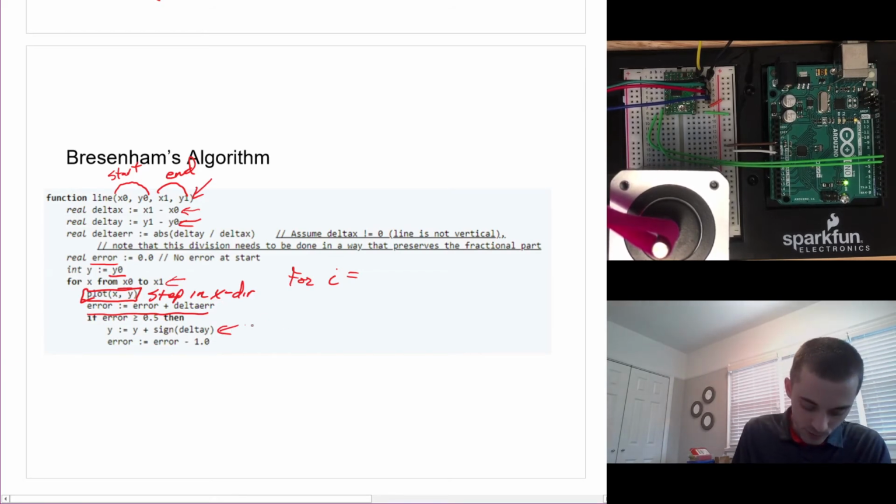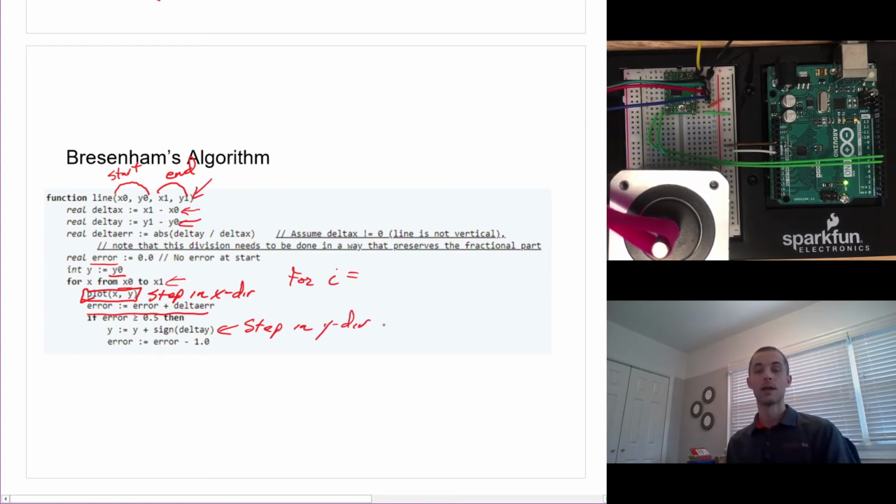And so instead of this, we'll say step in y direction. And then after you've done that, you can reset the error. So instead of plotting and changing the y coordinate to be reused in the plot, we're going to step in the x-axis and then step in the y-axis.